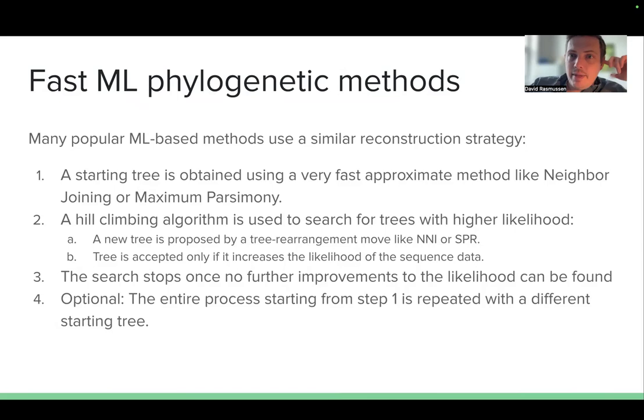So the way that maximum likelihood methods get around this is it's often recommended to start our search from many different initial trees to demonstrate to ourselves that regardless of what tree we start with, we obtain the same best maximum likelihood tree.